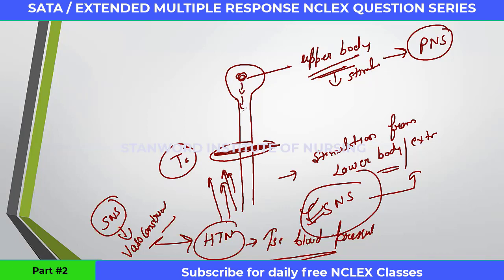Because the brain will try to overcome this, but cannot cross here, because there is an injury at the T6 level. So the brain or the spinal cord stimulates the parasympathetic nervous system to overcome this situation. So we can easily see the symptoms right now.